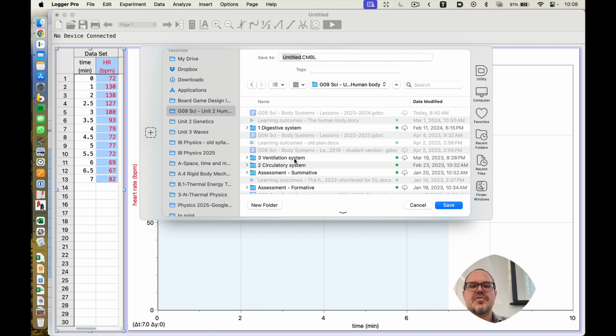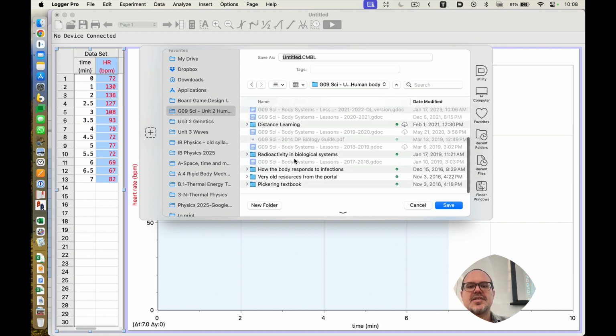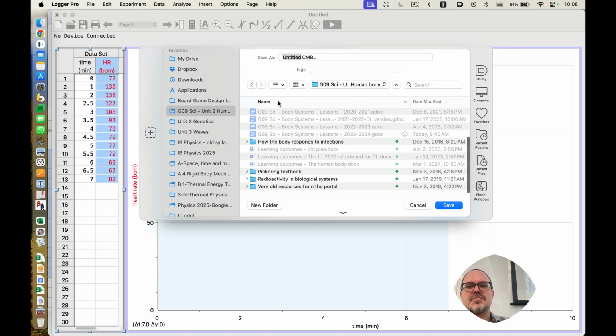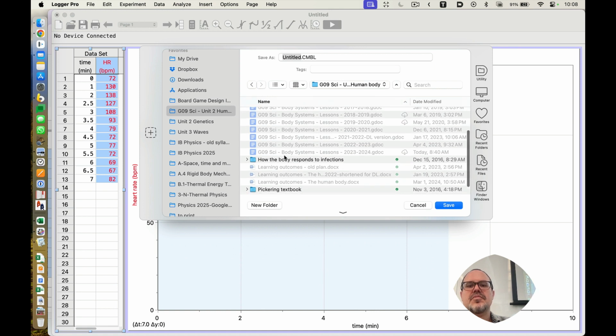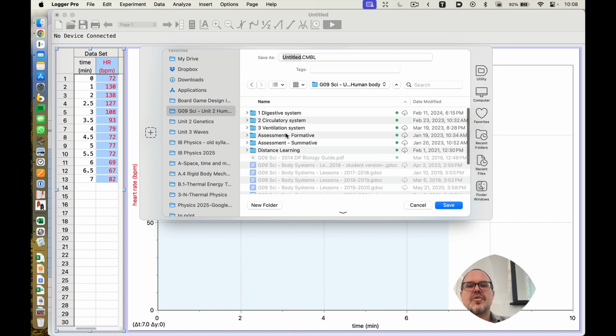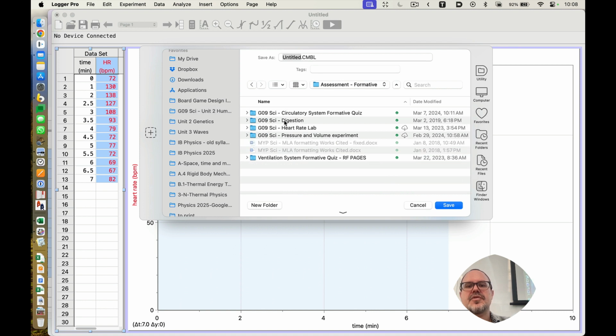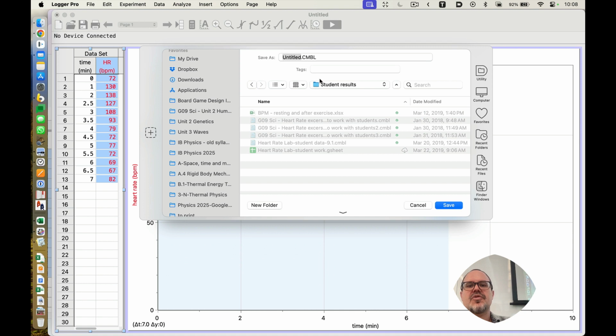That's under formative. Formative. Heart rate lab. Student results. And this will be heart rate student work 2024.